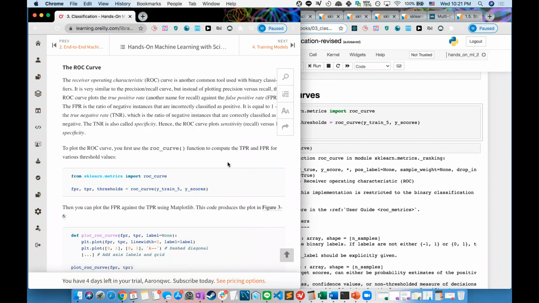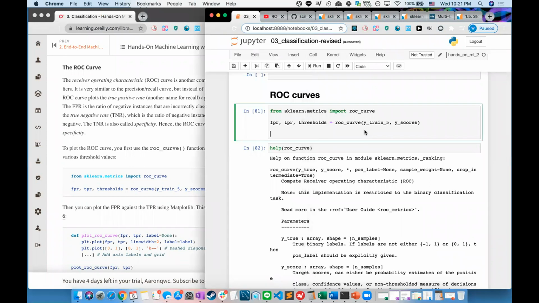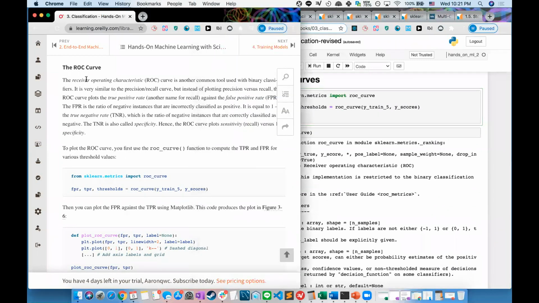ROC curve. Very important topic within the classification topic. And so let's start reading and discussing. The receiver operating characteristic, that's the full name of ROC, and the curve is another common tool used with binary classifiers.